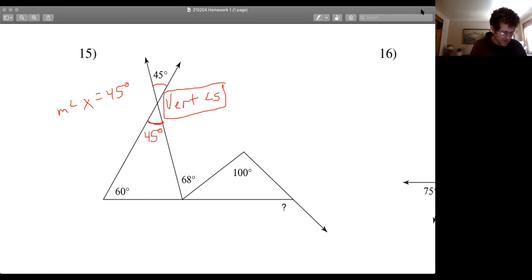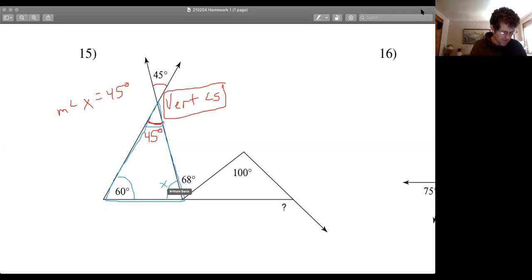All right, now the next thing I can do is I can hone in. I might have to look at this for a minute or two, but hopefully maybe just a few seconds. But then I can notice that there's this triangle right here, and I've got two of the angles. So what I want to do is solve for that angle using these three right here.